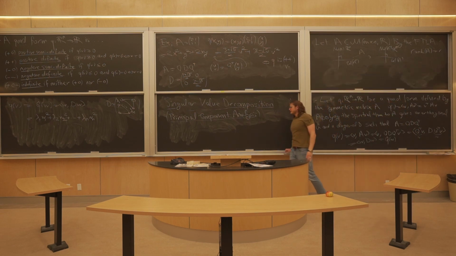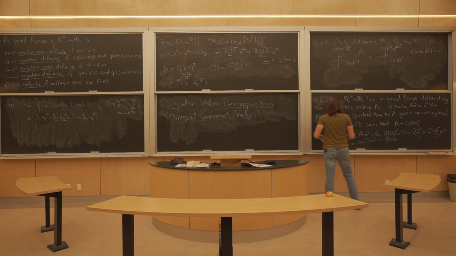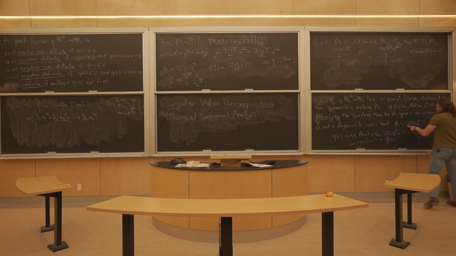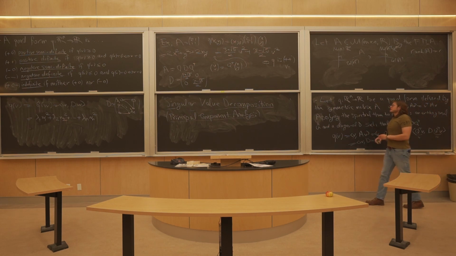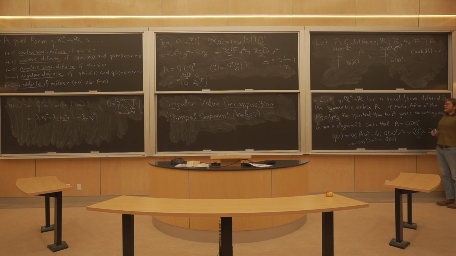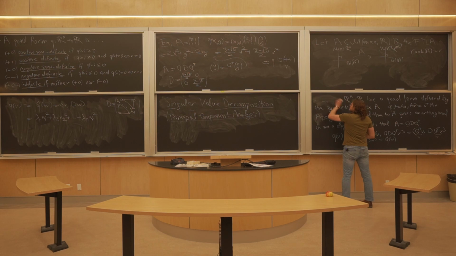Maybe I cannot find just one matrix Q such that from the left and from the right, I apply the same thing. That doesn't quite work in general. But what can work is that perhaps you find a Q for Rn and another Q for Rm, different Qs. And so that is the singular value decomposition.